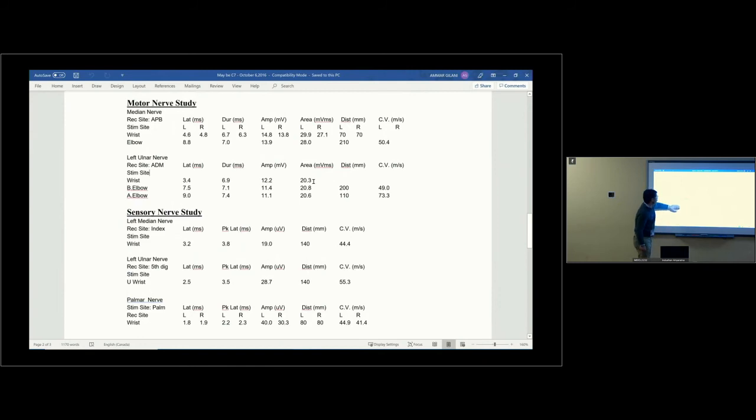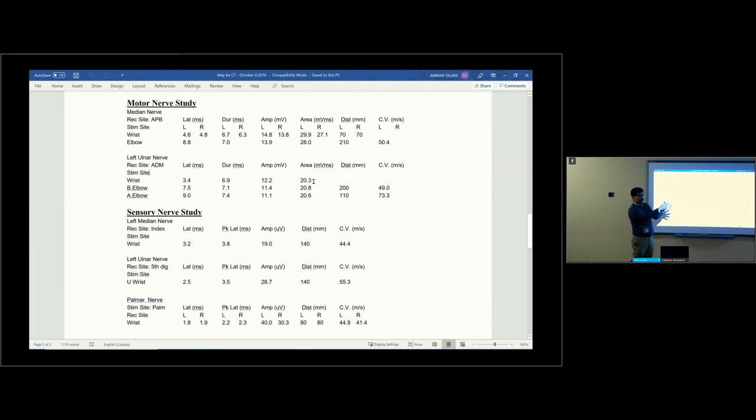Then we go to the sensory nerves. The amplitude should be 25 or more. It is reduced. The conduction velocity should be around 50. It is slow. Here we stimulate the nerve, median record there.